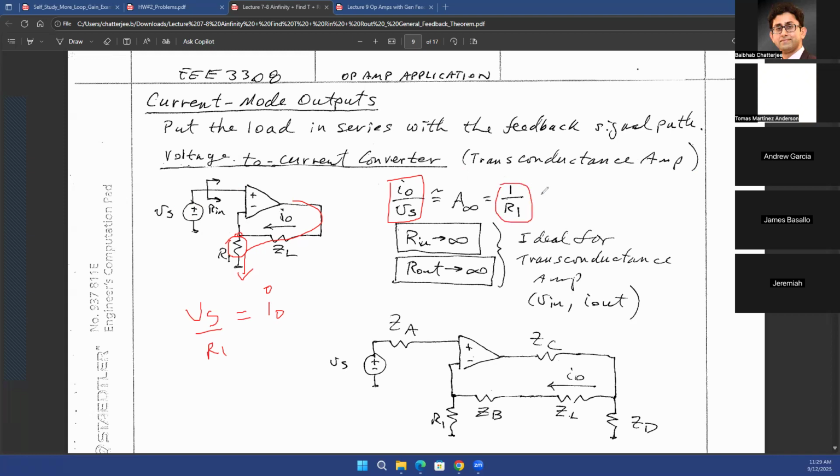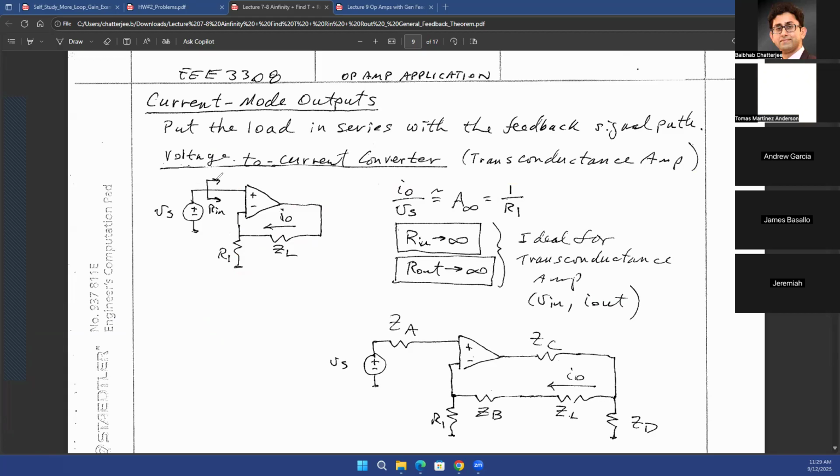And just look at the units again. 1 over R1, so 1 over resistance. 1 over resistance is a conductance. And this also says that you have a transconductance as your transfer function. What are the input and output resistances in this case?